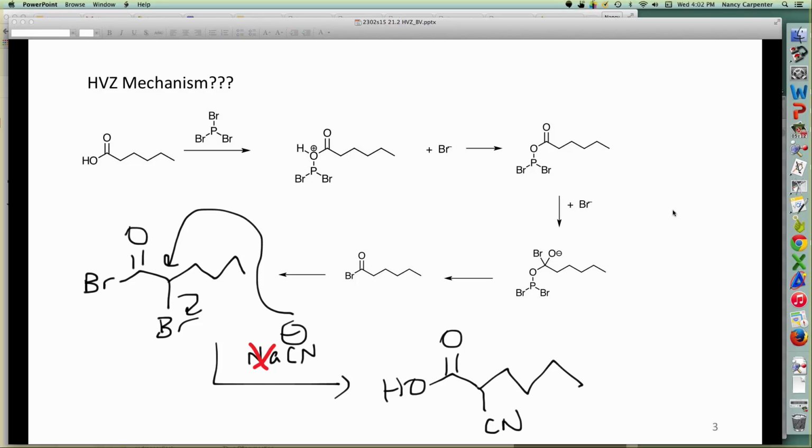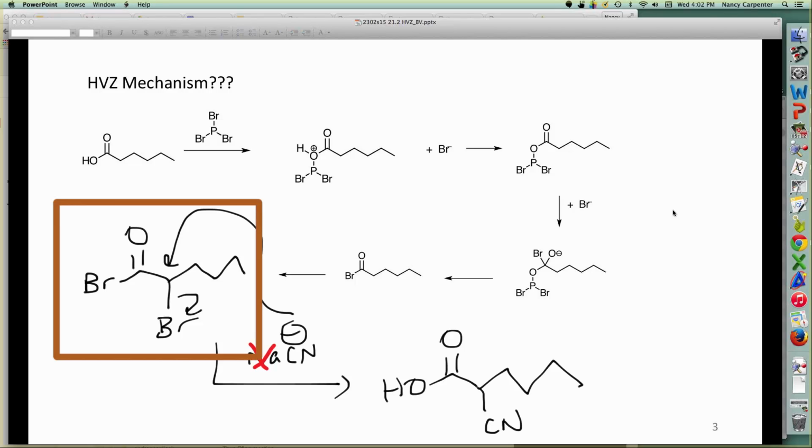So, it's the Hell-Volhard-Zelinsky mechanism that allows us to basically make that particular molecule. It allows for you to functionalize carboxylic acids at the alpha position.